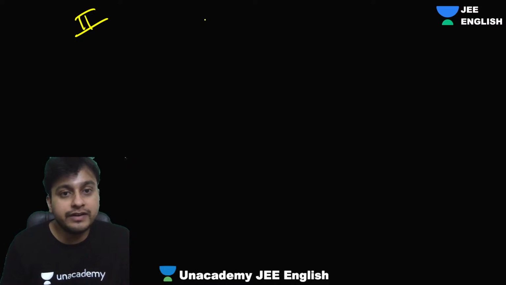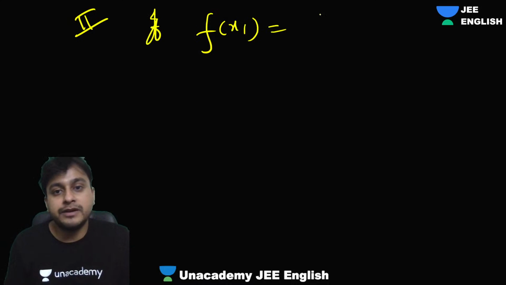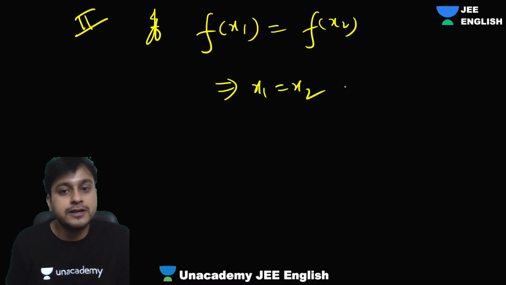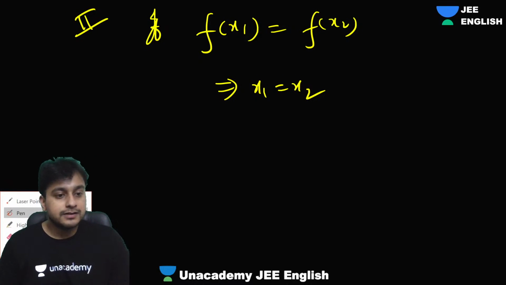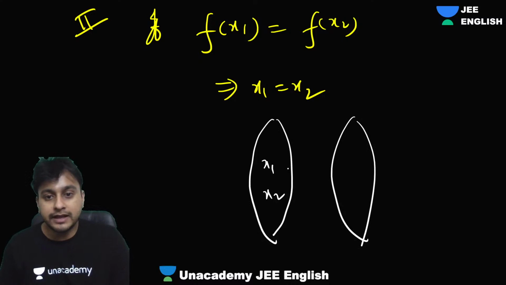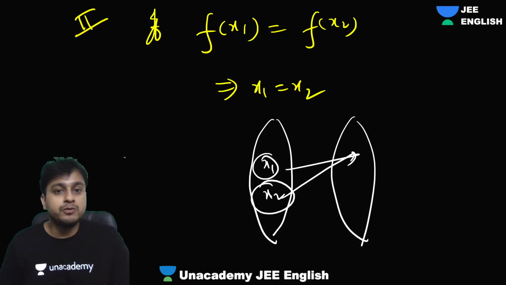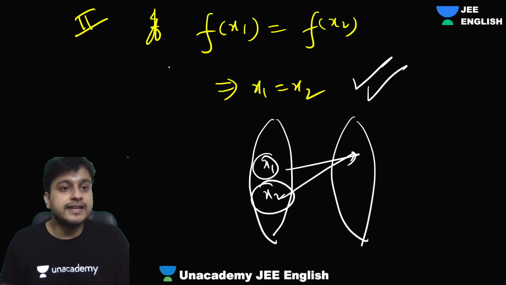What we can check here is, if f of x1 equals f of x2, that implies x1 should be equal to x2. Obviously, because if two values x1 and x2 give the same output, they have to be same. Otherwise, they will become many-one. So these two have to be same. Understood? This is the second method.